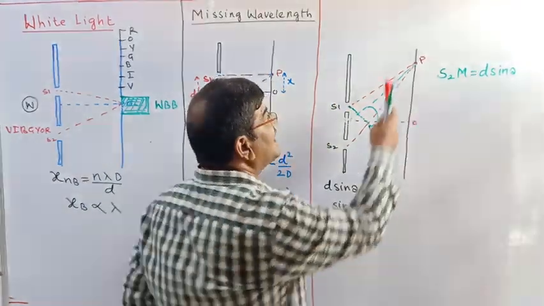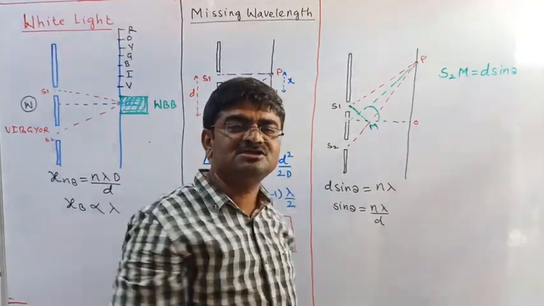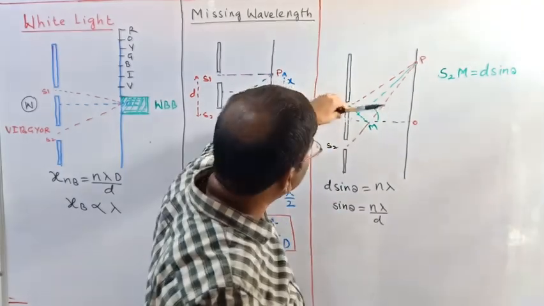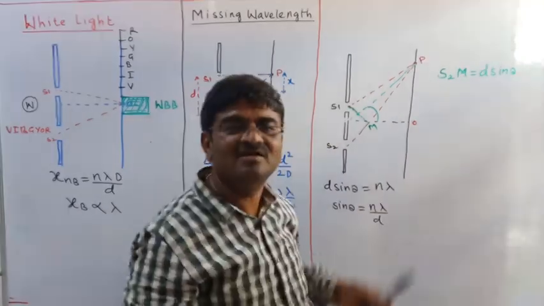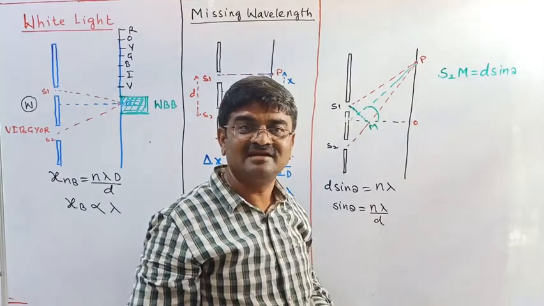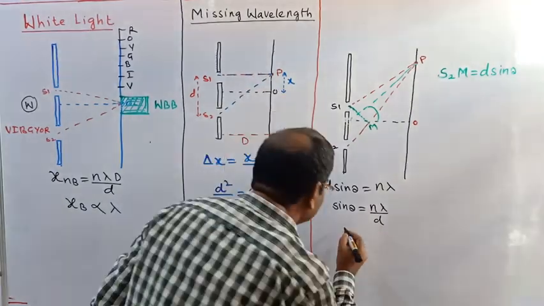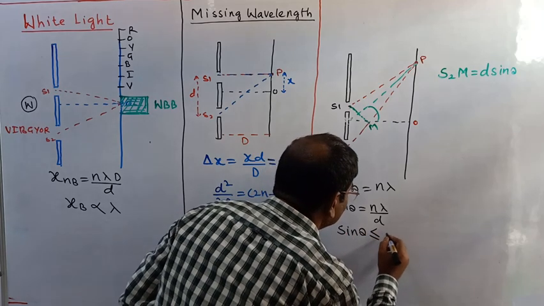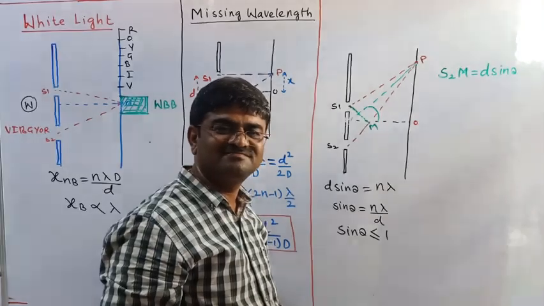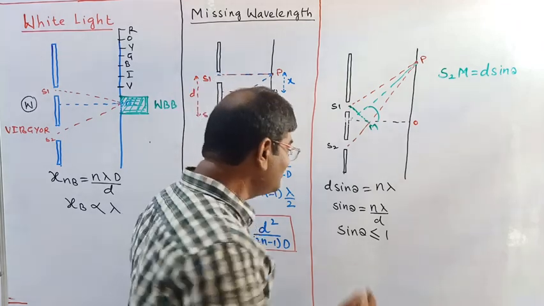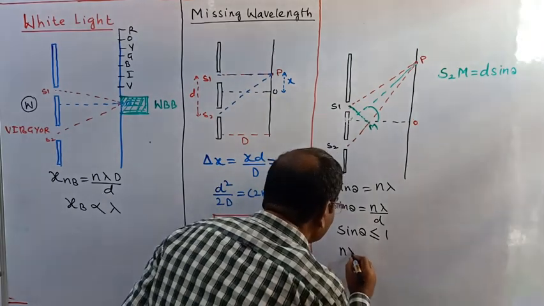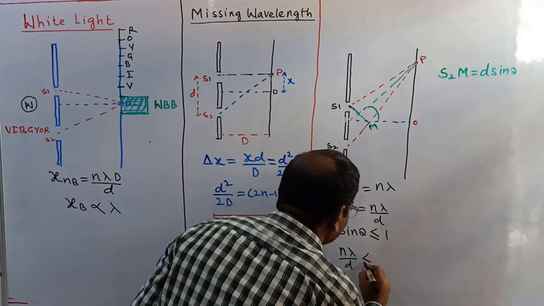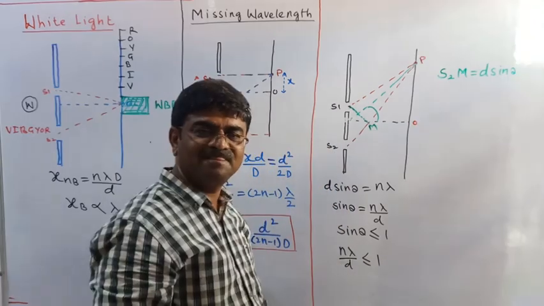So I will have the interference pattern reaching the screen until this angle is theoretically equal to 90 or less than that. That's the condition I'll write. Sine theta can be less than or equal to 1. So then n lambda divided by d can be equal to or less than 1.